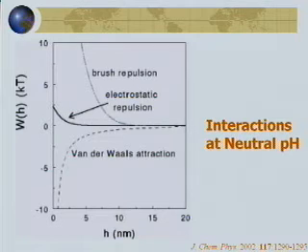And at separations up to close to 5 nanometers, it's much greater than electrostatic interaction and van der Waals forces. So basically, at this separation, the net force is repulsive, so the particles are not aggregating. So this is why it makes milk so stable.